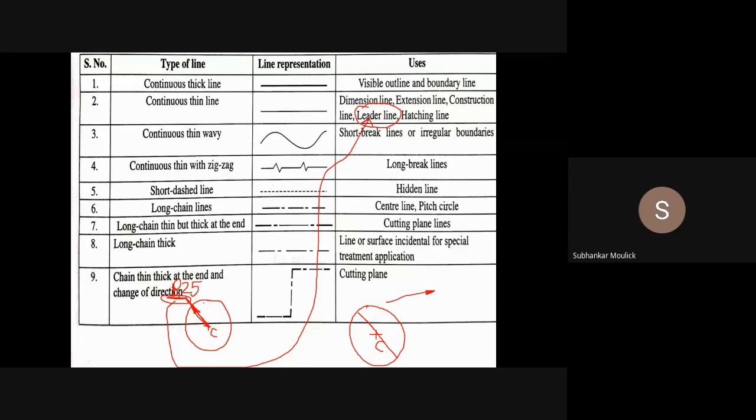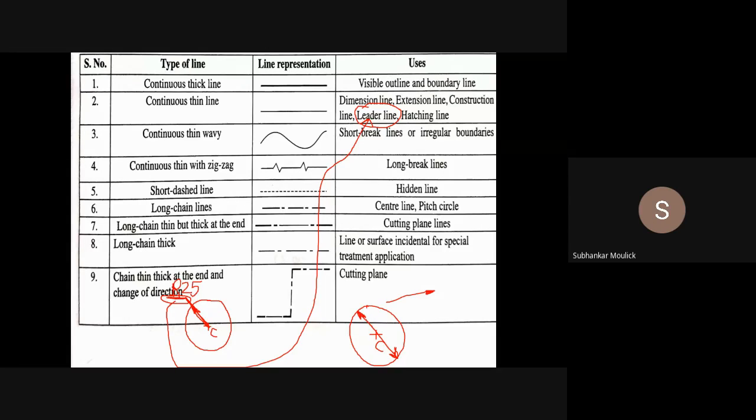If you remember, in radius you have drawn an arrowhead. In the inclined diameter line also you have to give the arrowhead. But this time, you have to give the arrowhead at this end as well as at this end. So draw an arrowhead.